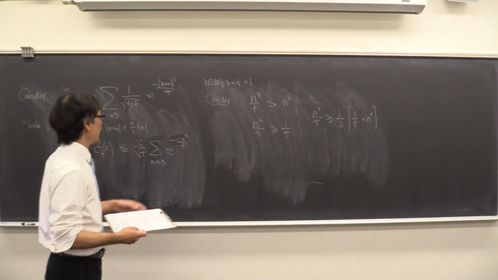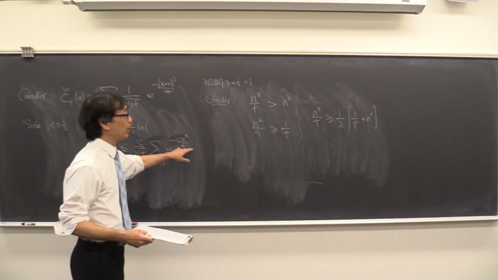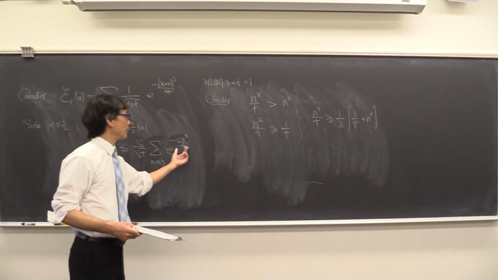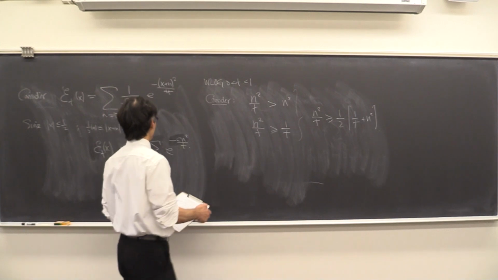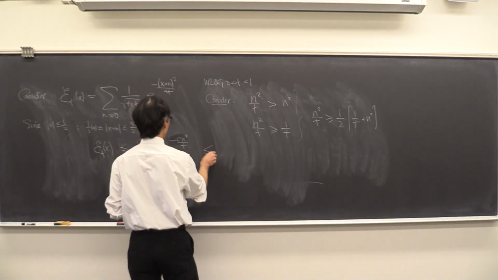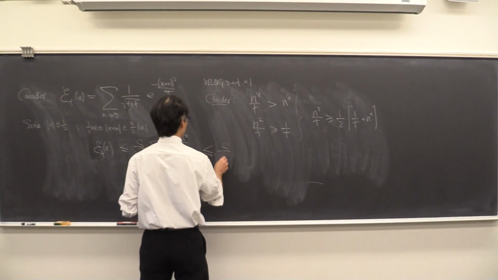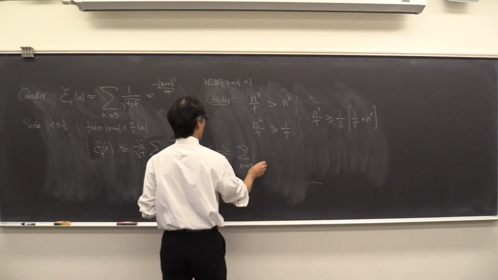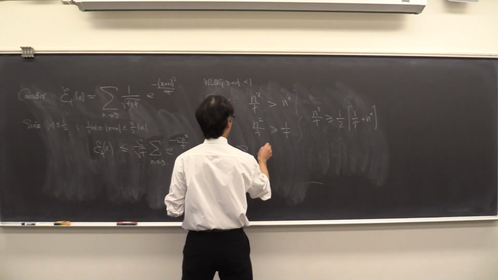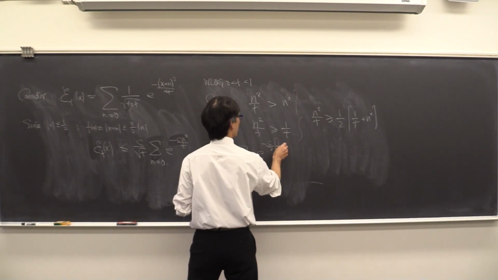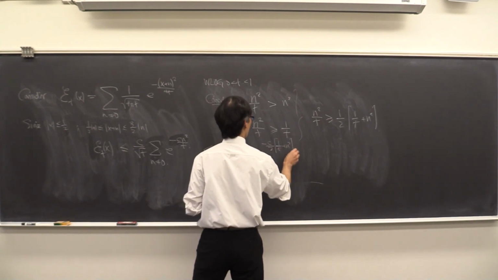Okay, so that gives us a way of pulling out, separating the n squared from the t here. So this thing is going to be less than or equal to c over the square root of t, summation n not equal to 0, e to the negative c over 2 times (1 over t plus n squared).